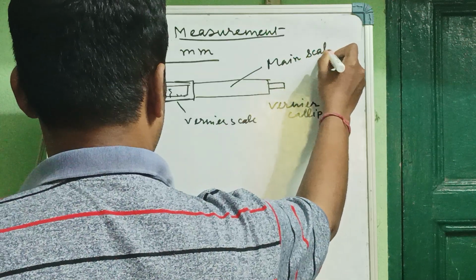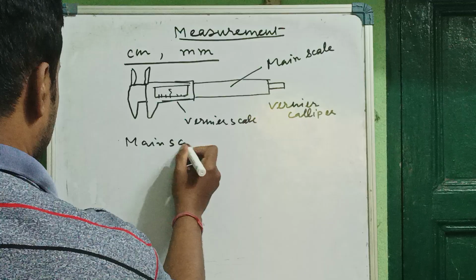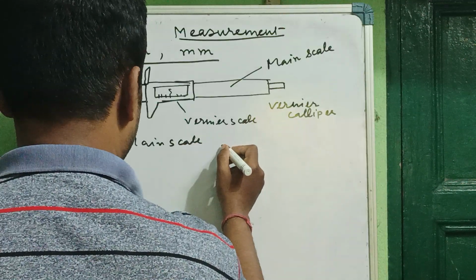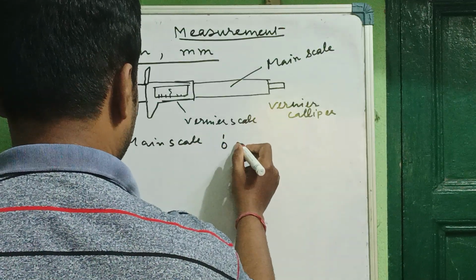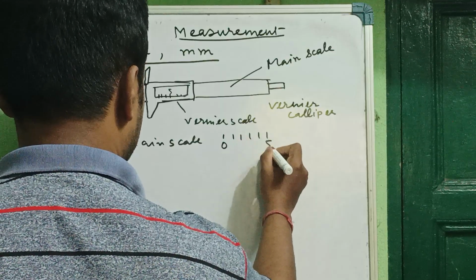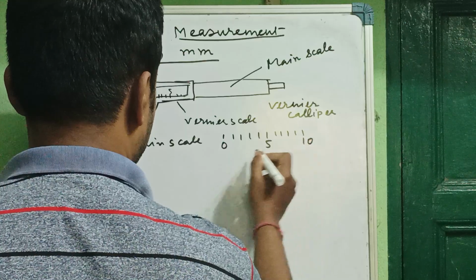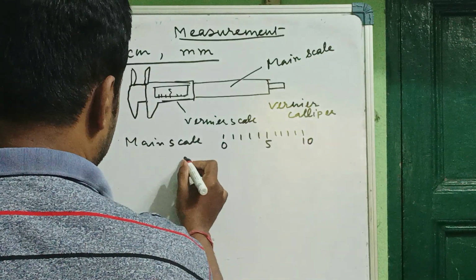Main scale means the normal scale. On the main scale we have 0, 1, 2, 3, 4, 5, 1, 2, 3, 4, 5, and that is 10. So the main scale has 10 divisions.